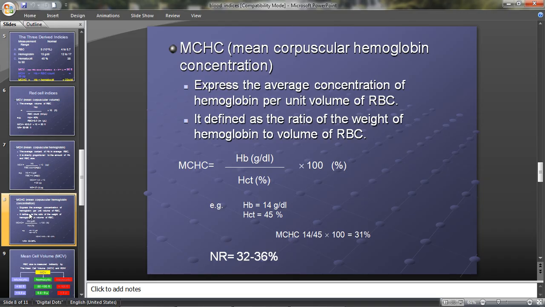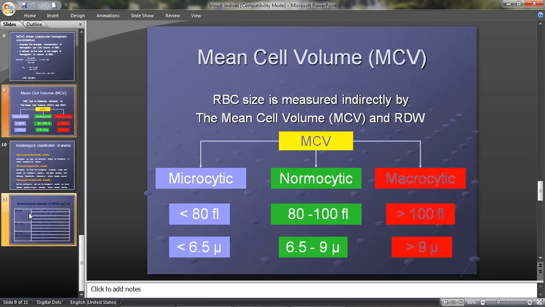Now, on the basis of mean corpuscular volume, we classify the RBCs into normocytic.